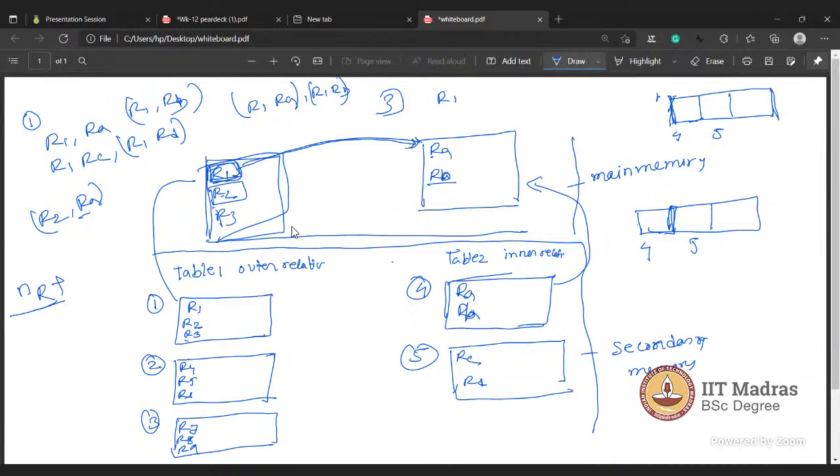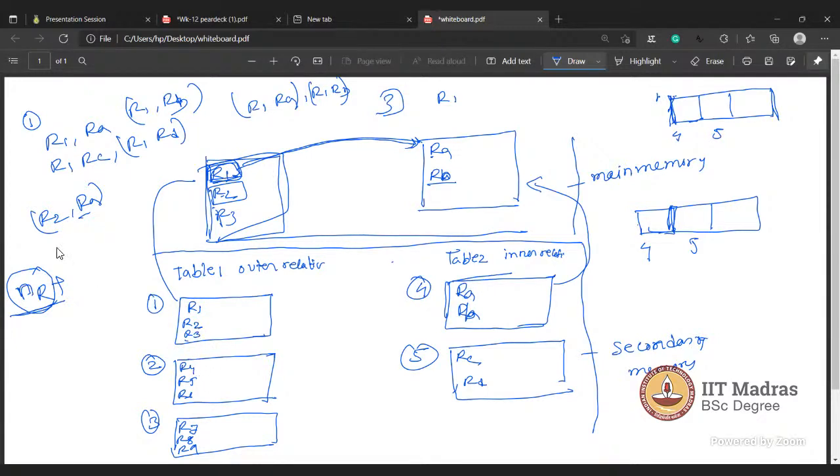Okay, you got it, Asim. Let me explain fully, then you will understand. The number of records in the outer relation means that many seeks are required. And for moving to another block, from R3 to R4, another seek is required.